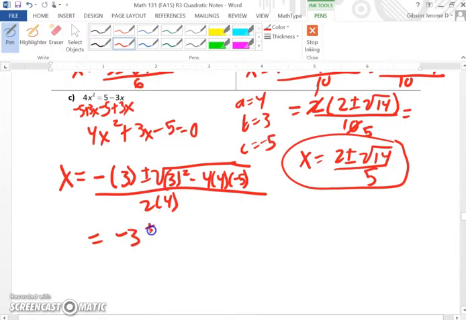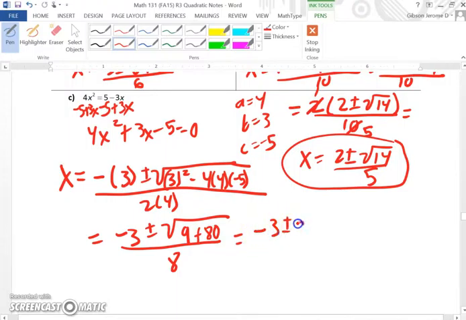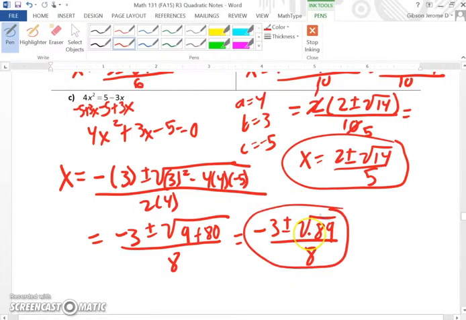So this would be negative 3 plus or minus the square root of 9. Negative 4 times 4 is negative 16. Times the negative 5 is positive 80. All over 8. So we have negative 3 plus or minus the square root of 89 all over 8. And that is it for that problem.